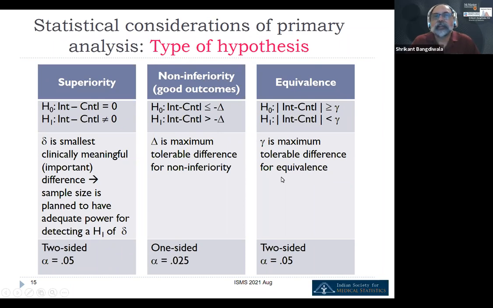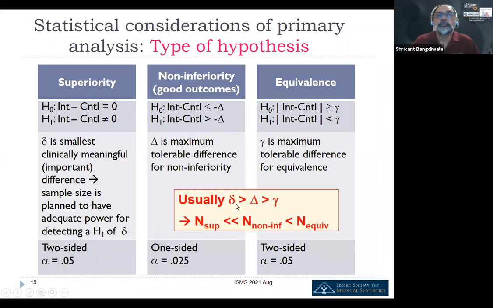How does this affect the analysis? Well, usually the little delta is greater than the capital delta, which is greater than the gamma. And so we will see that as the difference between the null and the alternative is smaller, the sample size gets bigger. So the sample size for an equivalence study is bigger than the sample size for a non-inferiority study, which is much bigger than the sample size for a superiority study.